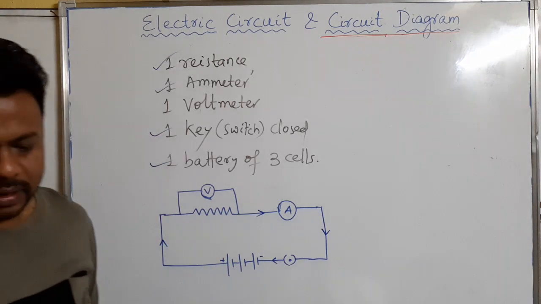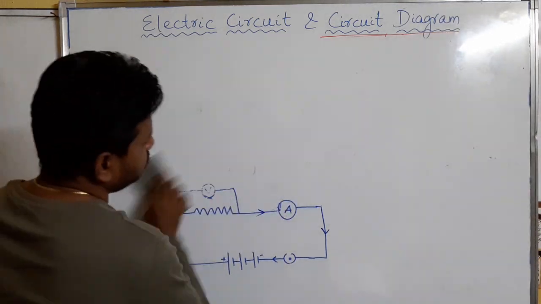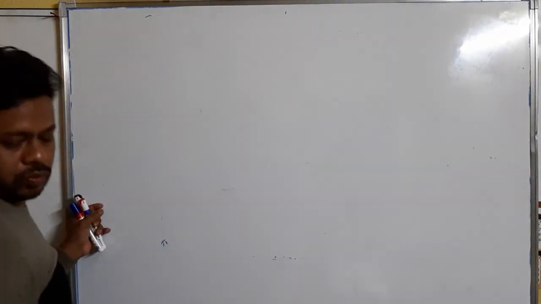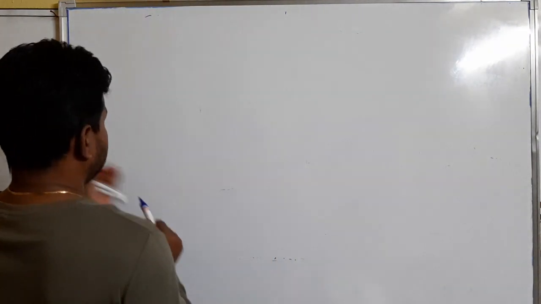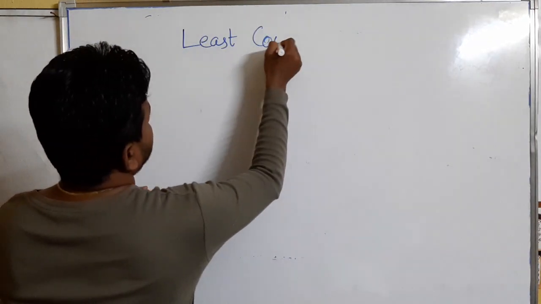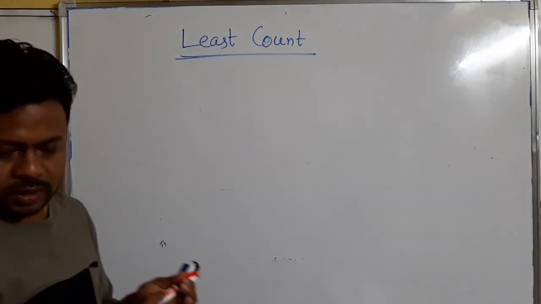Okay, then the next part of this topic we will discuss: how we will find out the least count of any instrument.